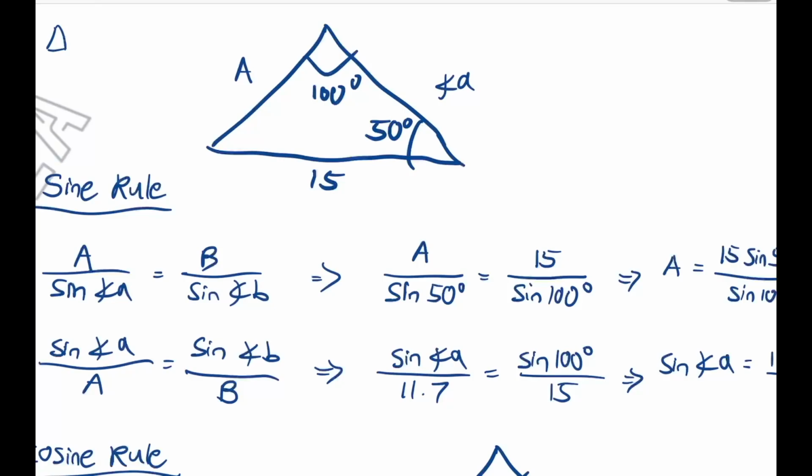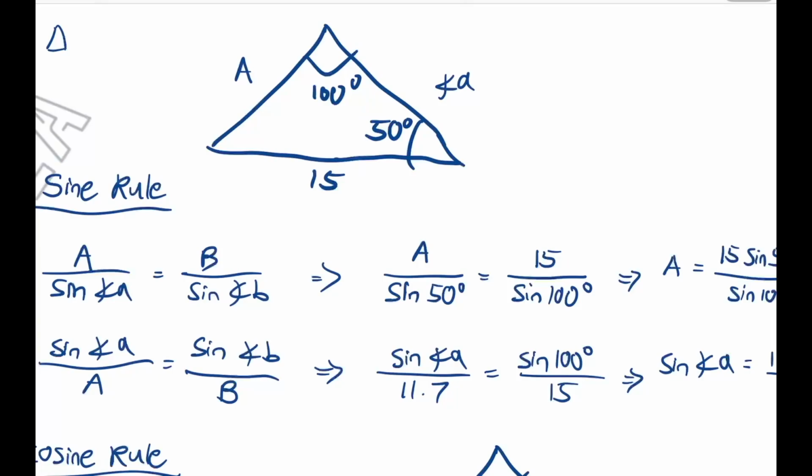The reason being, if you don't have one pair of angle and length opposite to each other, where you know both the value of the angle and the length, you cannot use sine rule. So in this example, we have this 100 degrees and we have this 15. That is one pair. So I'll put it in.